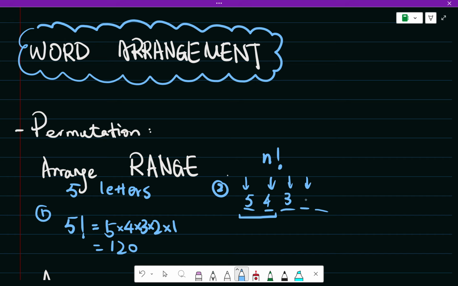And so on. We will logically come up with this expression right here. So it's the same thing as 5 factorial, but this explains why it is 5 factorial. So this will give us an answer of 120. So there are 120 distinct arrangements of 5-letter words that we can make out of RANGE, R-A-N-G-E.